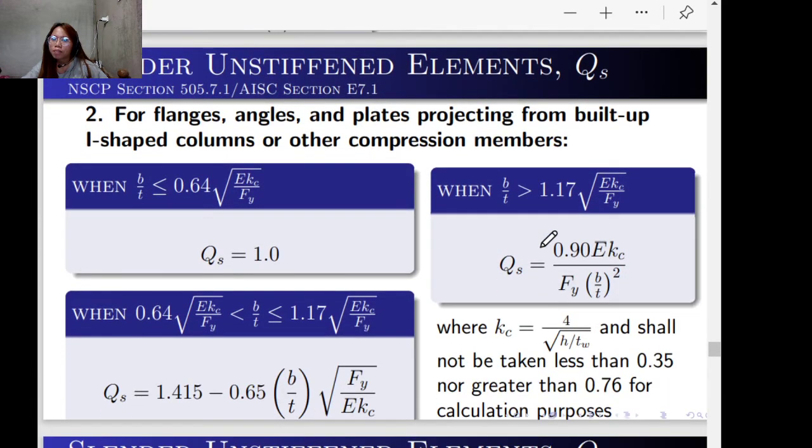For flanges, angles, and plates projecting from built-up I-shaped columns.